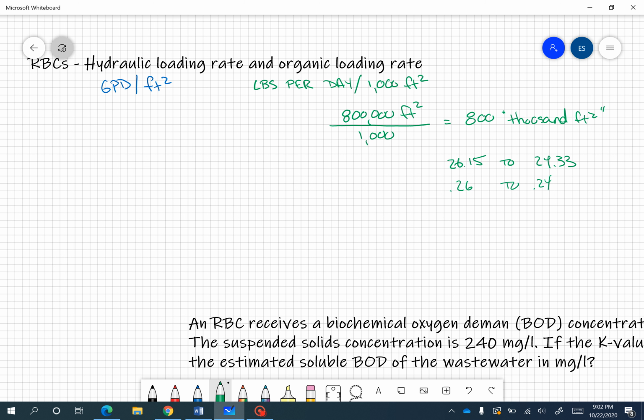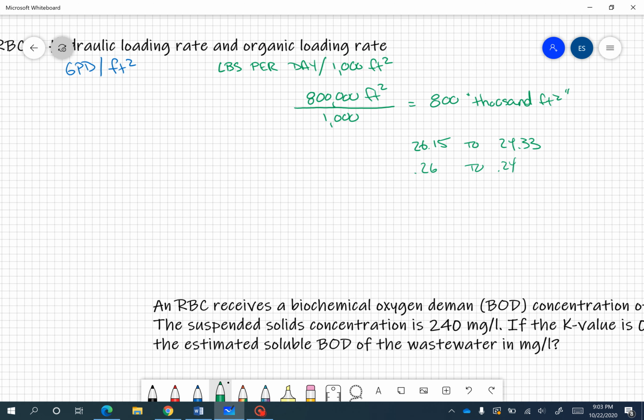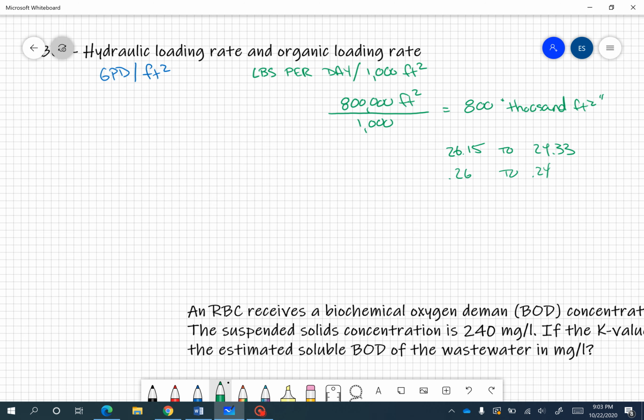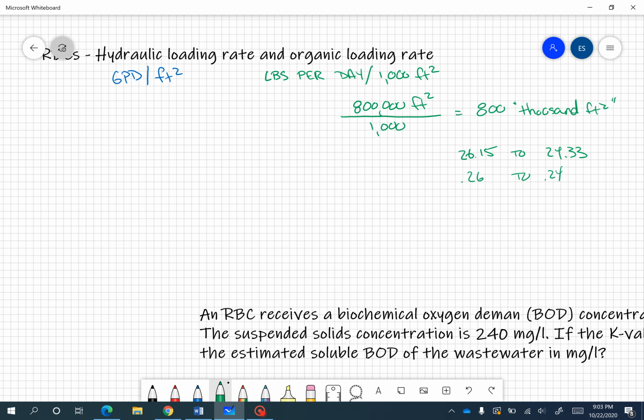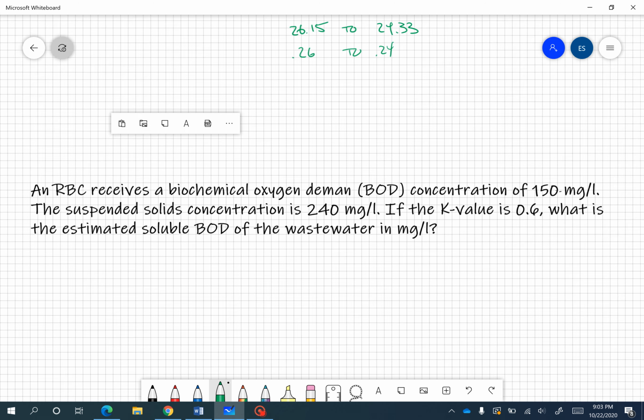It's just a little bit easier comparison. So I think that's the genesis of the 1,000 square feet and 1,000 cubic feet kind of unique units of measure. So these problems should be pretty easy. You've done quite a few of them by now. Again, just pay very close attention when you read the problem.